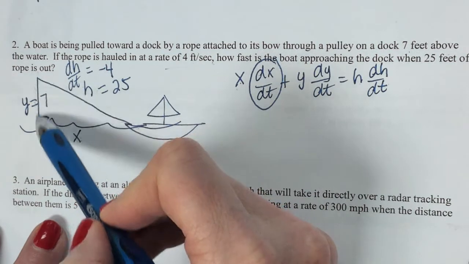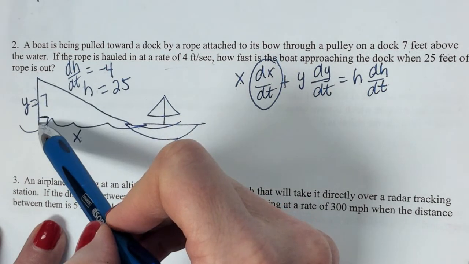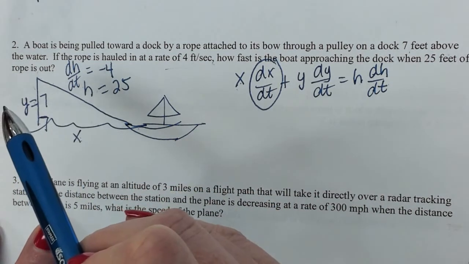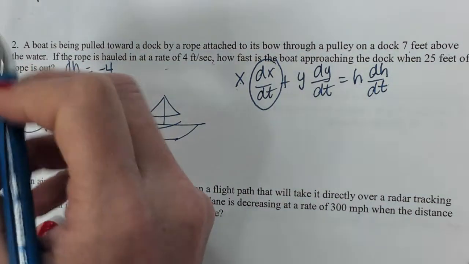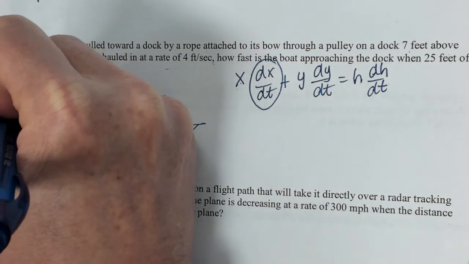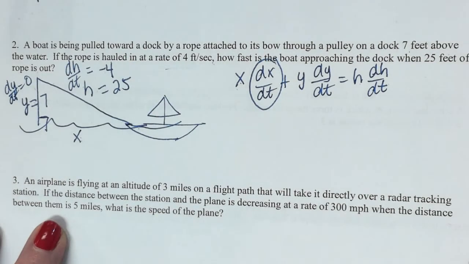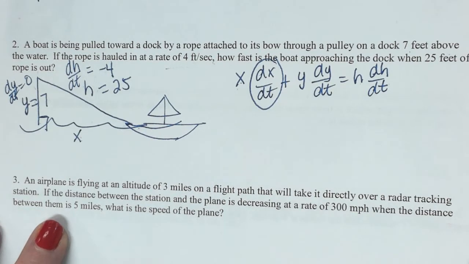Does anyone know what dy/dt is going to be? It stays the same. So what's the change in it going to be then? 0. So dy/dt then should be 0. See, if something doesn't change at all, the change in it is 0.